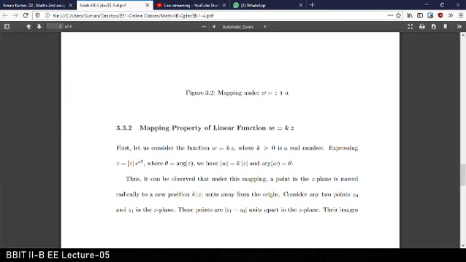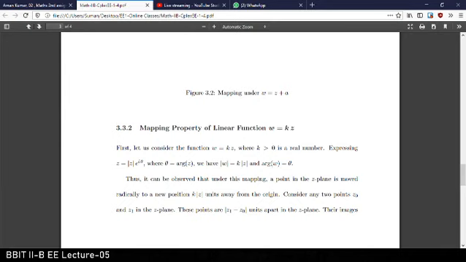First you write down a1 plus i a2, you consider that point. The x coordinate of w is x plus a1. So with x you add a1, and similarly with y you add a2 for the y coordinate of the image P dash.